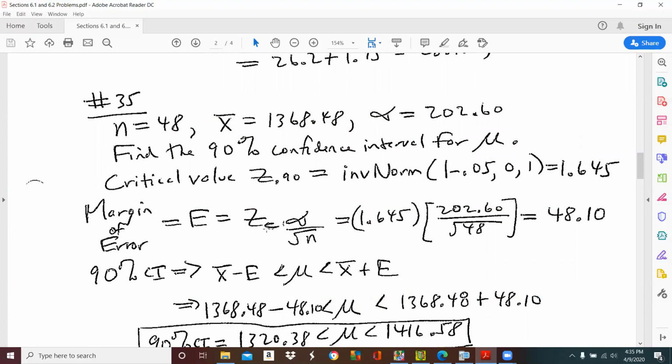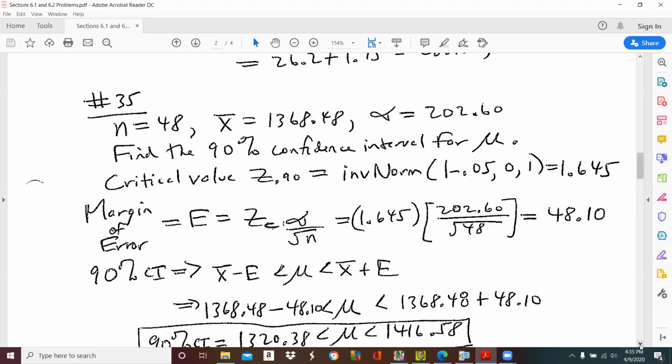So margin of error is Z times sigma divided by the square root of n. Here's our critical value, 1.645. Our estimate of the population standard deviation is 202.6. And it's divided by the square root of the sample size, which is the square root of 48. And our margin of error turns out to be 48.10.